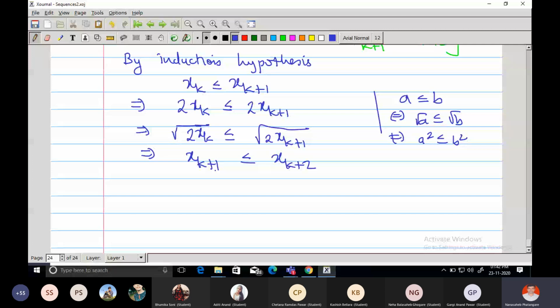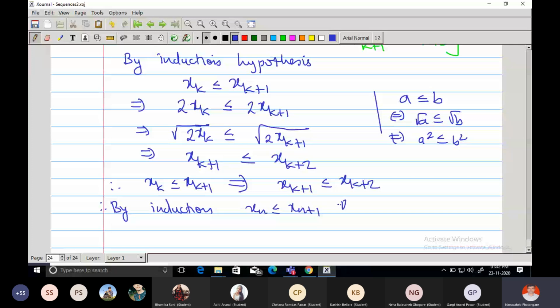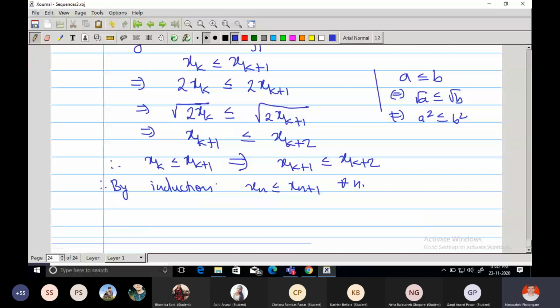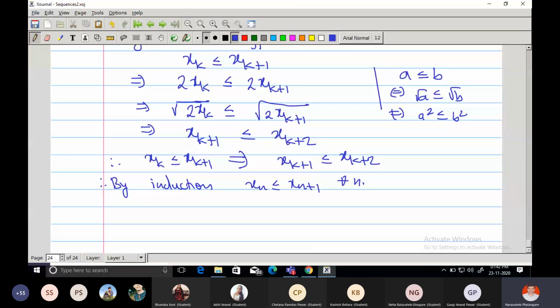Therefore, xk less than or equal to xk plus 1 implies that xk plus 1 is less than or equal to xk plus 2, and by induction xn is less than or equal to xn plus 1 for all n. Right, because x1 and x2 satisfy this, and the step from k to k plus 1 is true, therefore by induction at each step this is true.